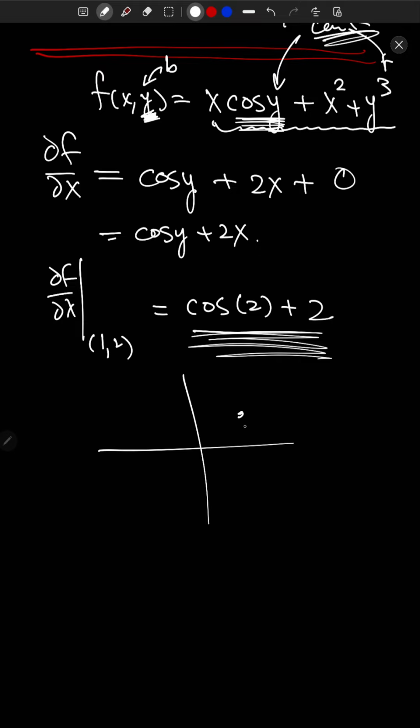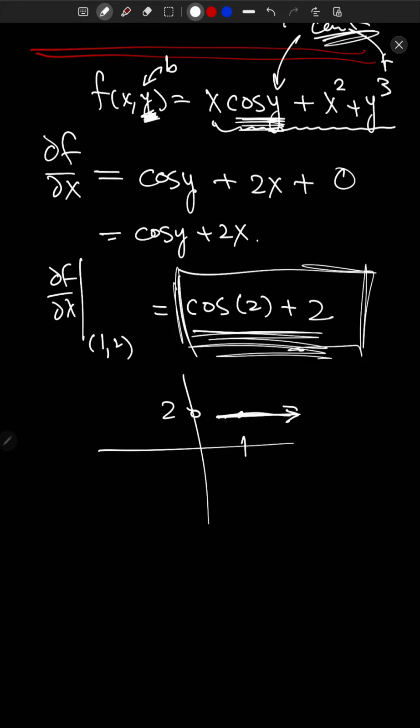So here's 1 comma 2, not to scale. As you move in the x direction, does your function increase or decrease? That's exactly what this number tells me. But it's very important to emphasize this only tells me what's happening in this one single direction, the x direction.